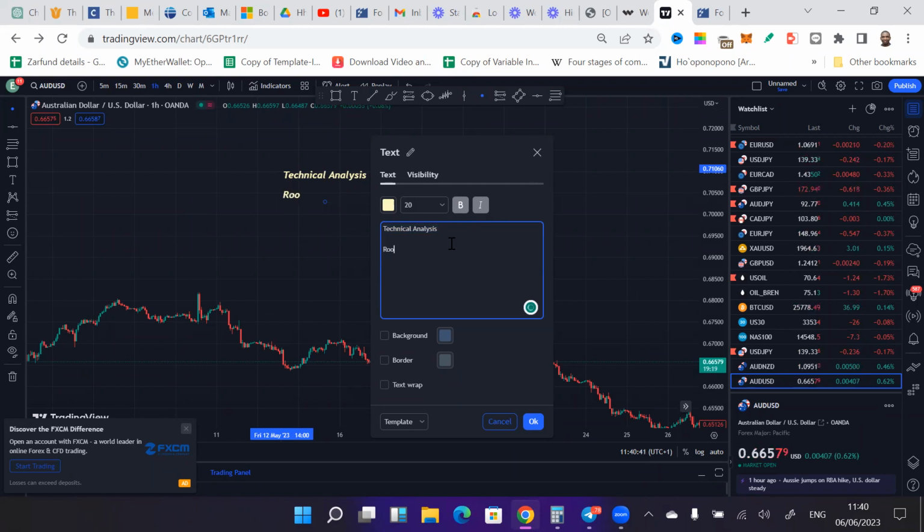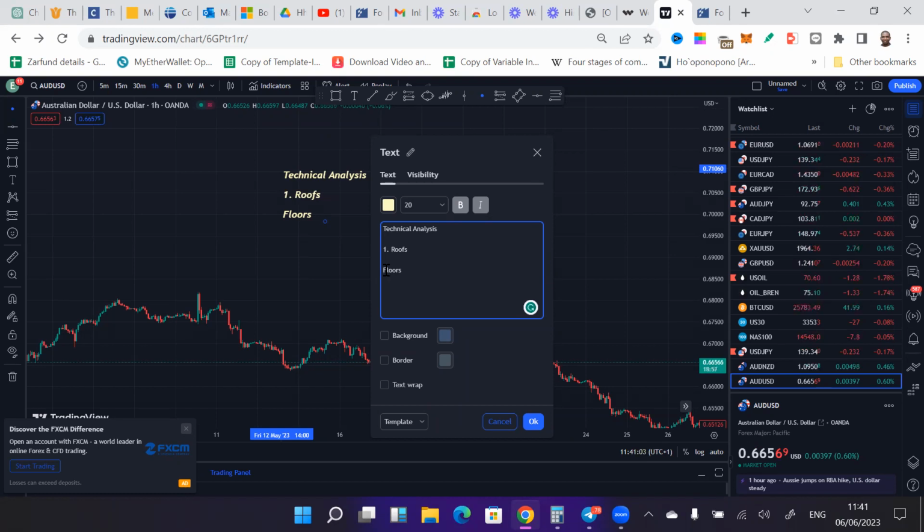Roofs and floors. Okay, so you begin to understand the concept of roofs and floors, because the market has to do with roofs and floors, and I will start to explain it in a moment for you to understand.